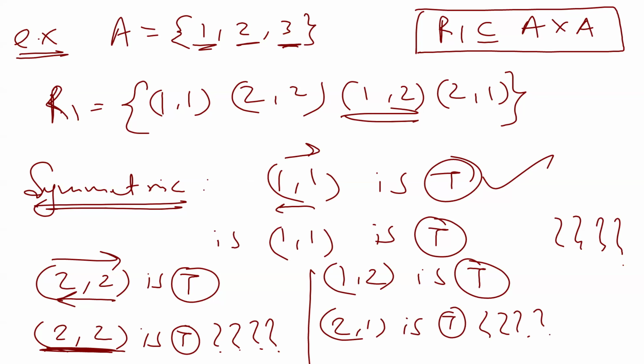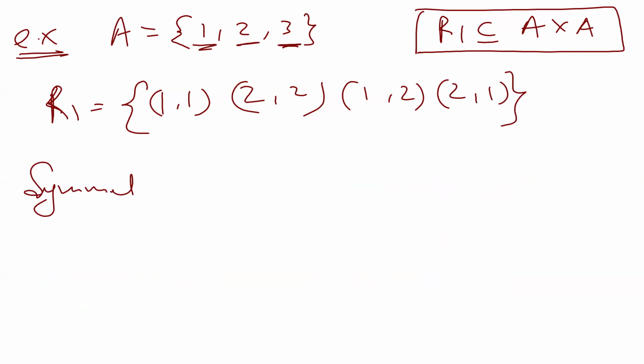Is it a part of the relation? Yes. Okay. So there is not even a single ordered pair where it fails.